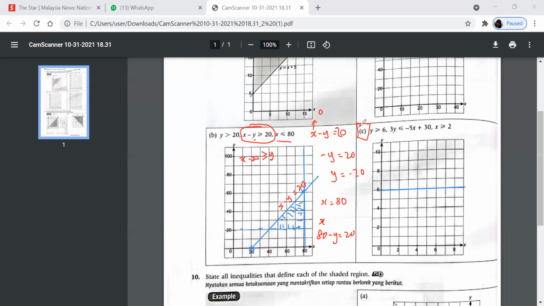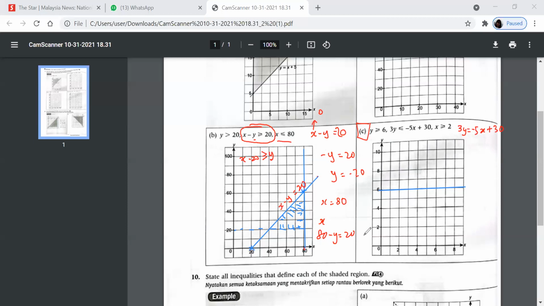3y less than negative 5x plus 30. So 3y equals negative 5x plus 30. So what can you put?